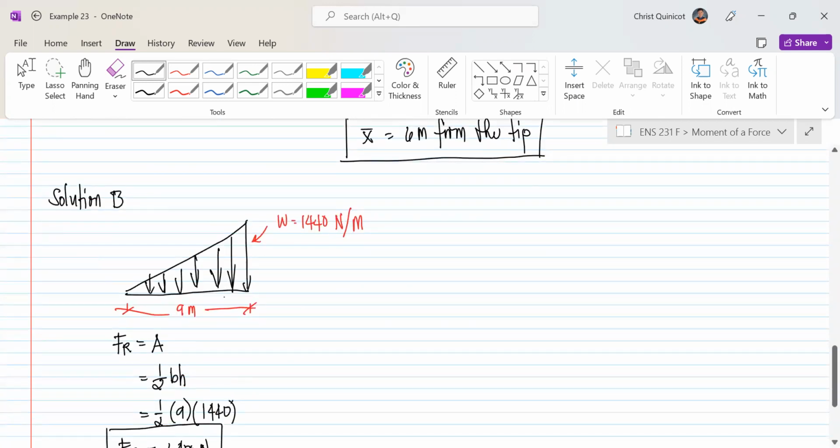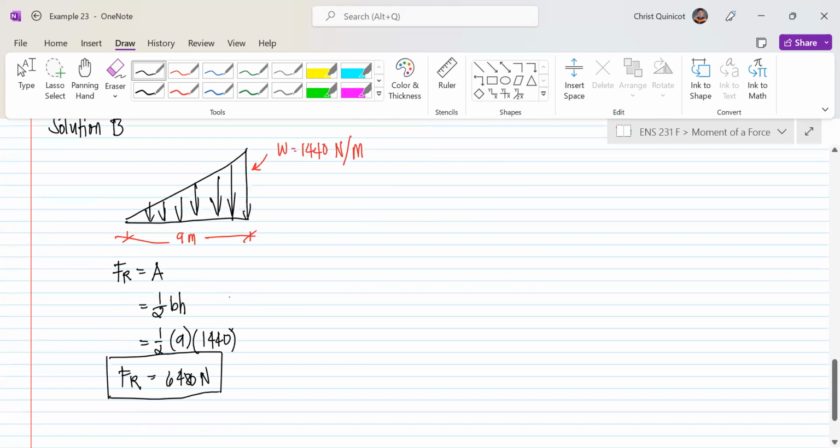Now for our location, since our loading follows a regular shape, which is a triangle, we will use the centroid of the triangle, which will be provided in our Google Classroom.